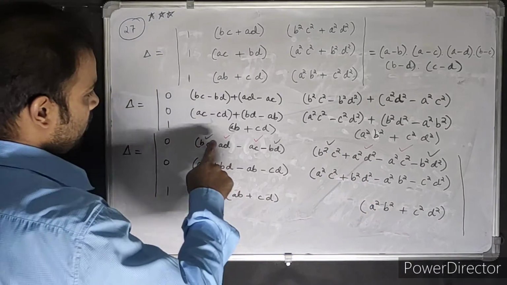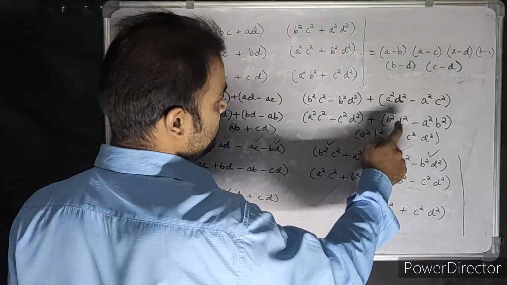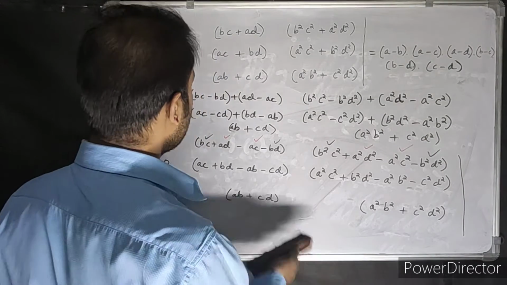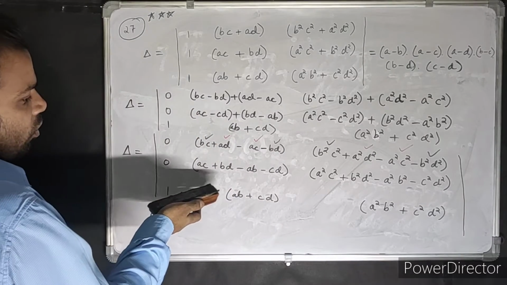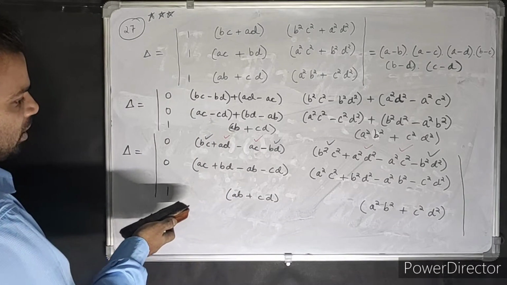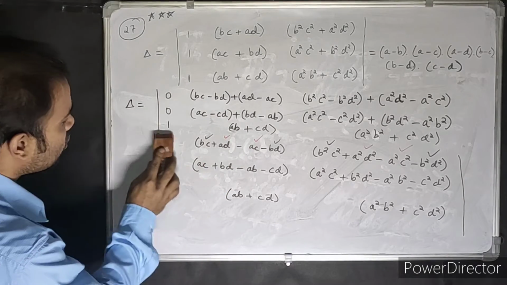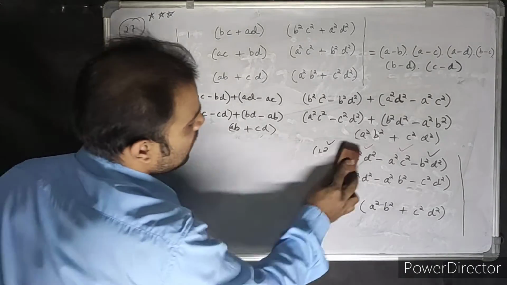AC, CD, CD, and BD, AB. Correct? All correct. Okay. All my calculations are correct. Over here BC, BD. Over here BC, BD, and AD, AC. All correct. Let's go on to the next step.